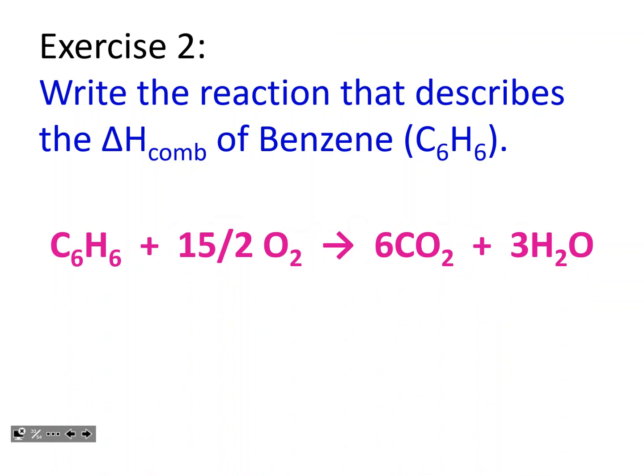From now on, like on the AP test, if you're getting just a regular combustion and they tell you to balance it, you would balance it normally. But the ones in the tables are done at 1 mole of that substance, so they always have fractional coefficients because of the way it's designed. Delta H is an intensive property, because it's this much heat per mole of the substance. So it is an intensive property like density, so keep that in mind.